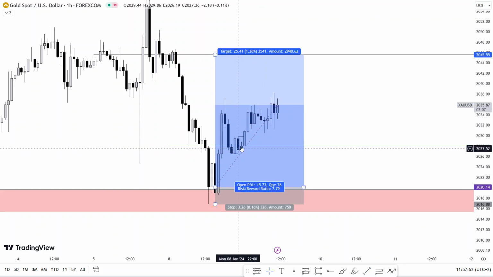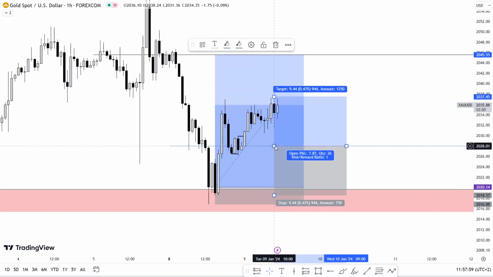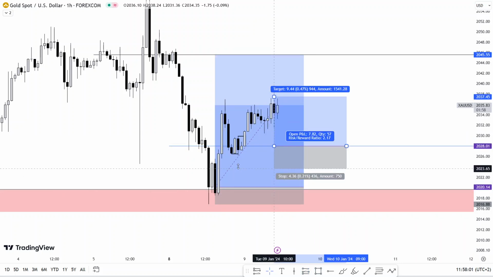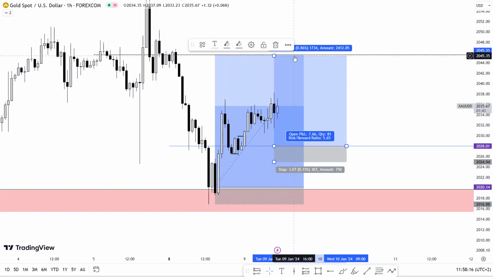So this open closes around the daily support area. So I'll just mark my buy area like that with my stops below here. 30 pips stop loss for me. And then I'll target this area right here, 170 pips.